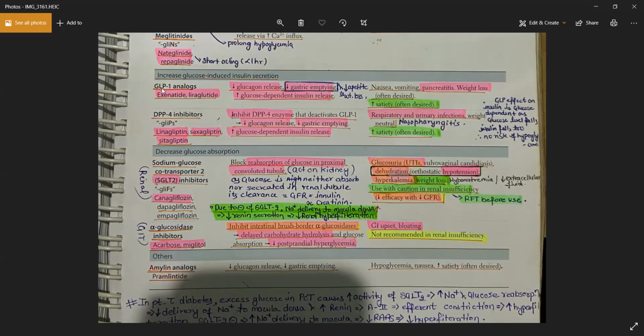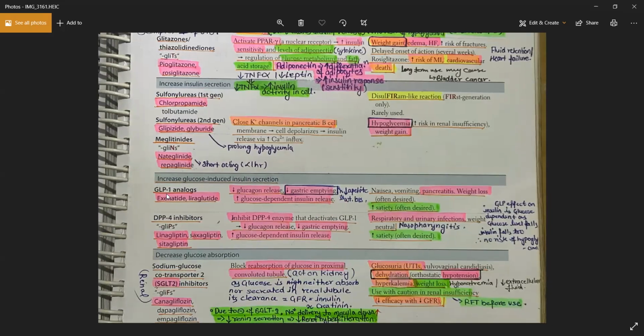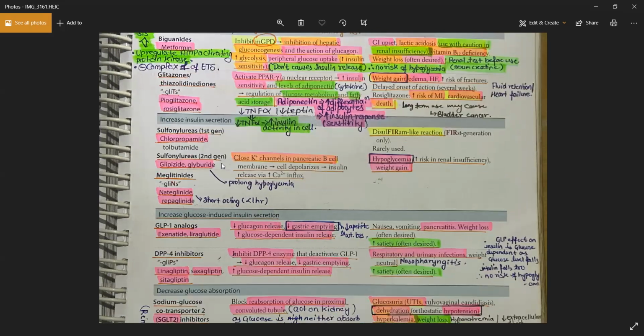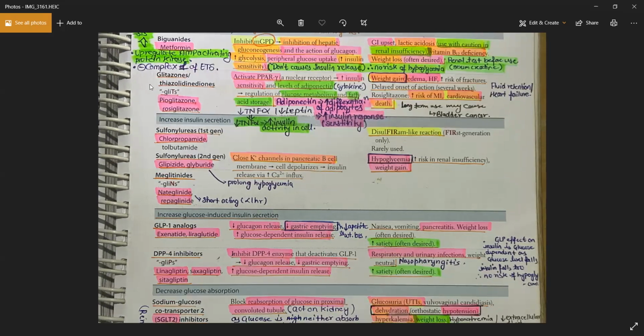Yeah, the glitazones cause bladder cancer. Please repeat it again. Yes, they cause bladder cancer for the long-term use.